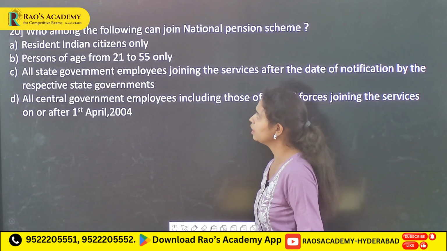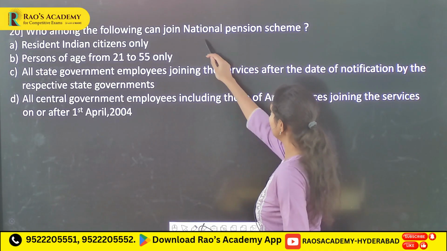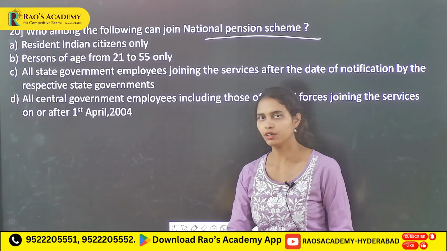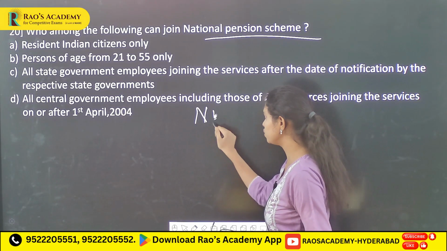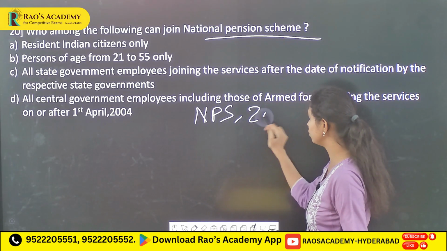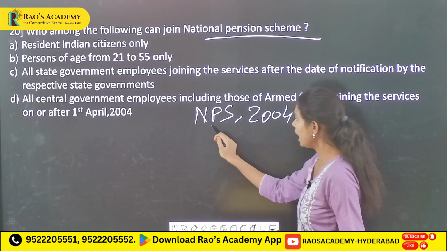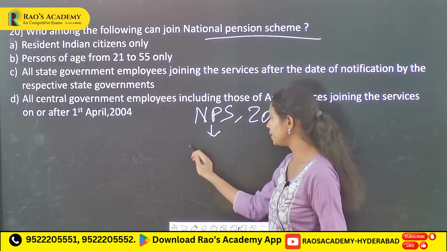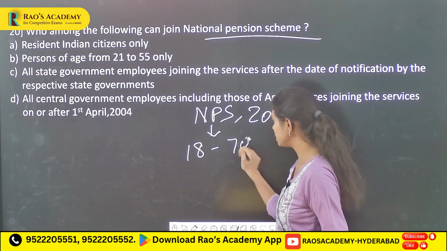Followed by: who among the following can join the National Pension Scheme? Before getting into the different statements, let me give you a brief background. This National Pension Scheme was brought by the Government of India in 2004, and under it, whosoever is between 18 to 70 can subscribe.